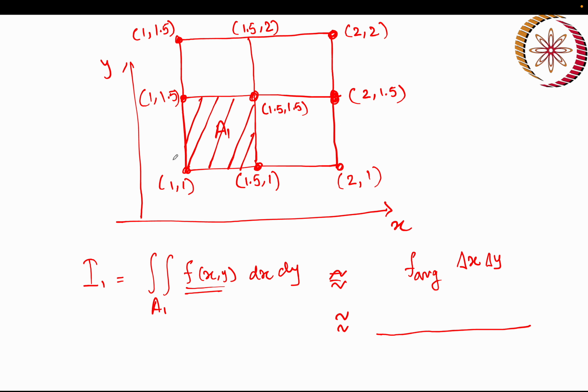So that approximation we can write as, let's say these are the 4 corner points. So I will write f of 0 comma 0 plus f of the second point.